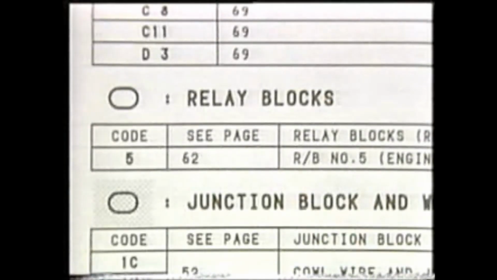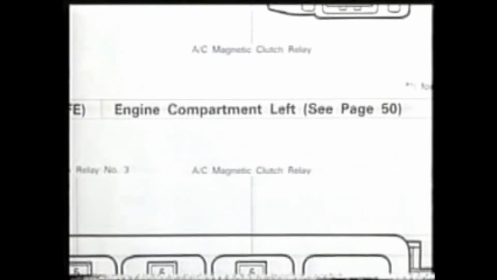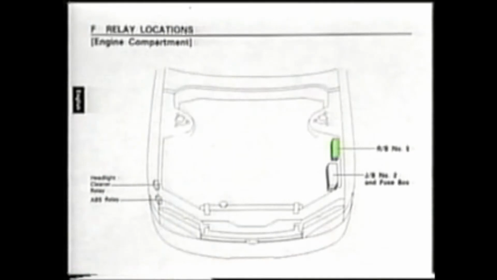If we look at relay block number 5 in the table on the next page, we are referred to page 62. The left low beam is connected to this fuse, and the location of relay block number 5 is shown on page 50. The fuse is in here.